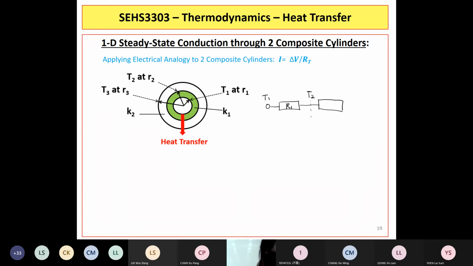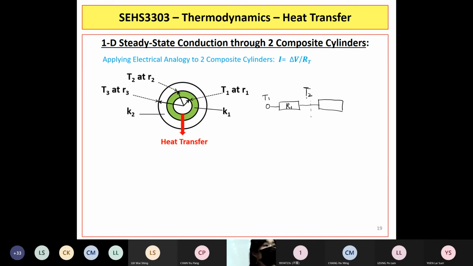Sorry, this should not be T2. Let's say maybe, oh yes, it should be T2, I'm sorry. At the middle surface between the inner layer and the outer layer, T2.